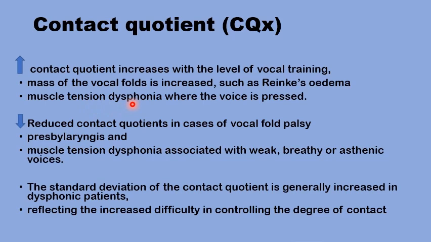On the other hand, the contact quotient would be reduced if there is reduced contact between the vocal folds, as in vocal fold palsy or in presbylarynx, or in some muscle tension dysphonias associated with weak and breathy voice.